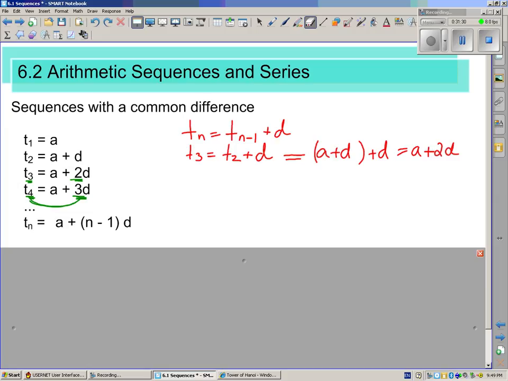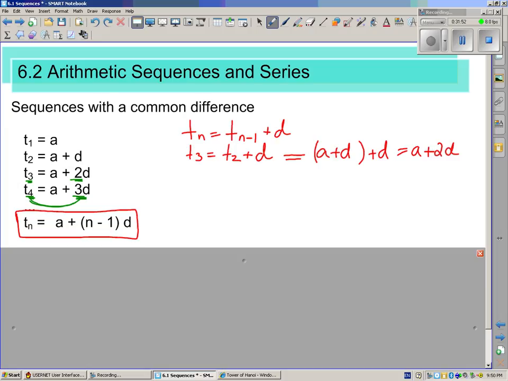I don't know if you remember the formula from grade 10, but this is the explicit formula for an arithmetic sequence. I need you to know it. You actually have learned it before, so this is just a review. But here's a question. Do you know what those letters represent?